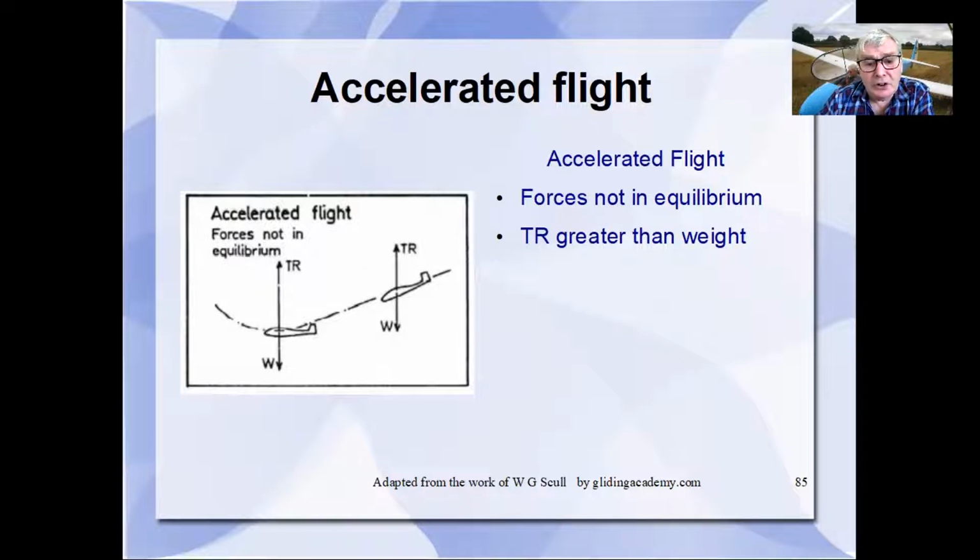So if you look at this diagram, the glider on the right hand side is in unaccelerated flight, so the forces are all balanced and in equilibrium. In this example, the pilot's probably come back on the stick, increased the angle of attack, and the total reaction has increased in value. So now the glider will go up because the total reaction is greater than the weight, and that is accelerated flight.